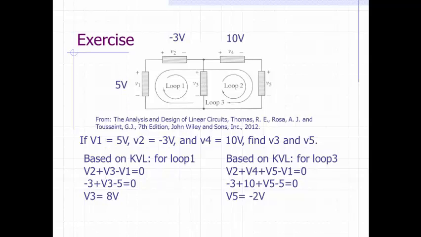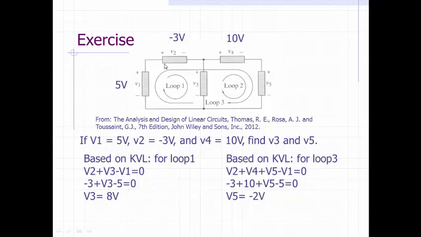Now to find V5, actually, you have two methods. You can base on loop 2 or loop 3. Because if you base on loop 2, you know V3, V4 already, not very difficult to solve V5. And also, this big loop is also fine because you know those 3 voltages already, so just need to calculate V5. Suppose we use loop 3, then still go through the loop.